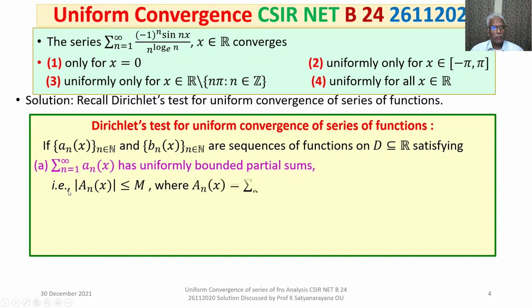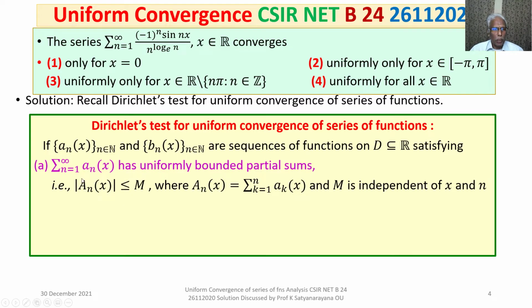What is the meaning of that series has uniformly bounded partial sums? First of all, we take its partial sum. Capital A_n(x) is equal to the sum of the first n terms of the series sigma a_k(x), that is, sigma k equals 1 to n a_k(x). That is the sum of the first n terms, which is called the nth partial sum, denoted by capital A_n(x).